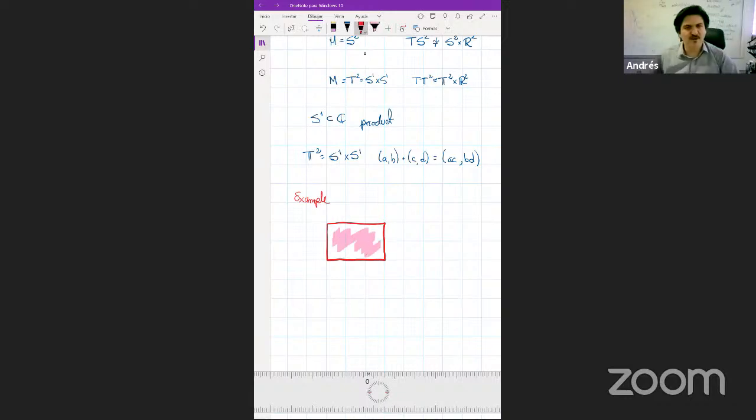So do you remember the Mobius strip? So I have to identify this side with that in that direction, right? And if you want, you can project here.